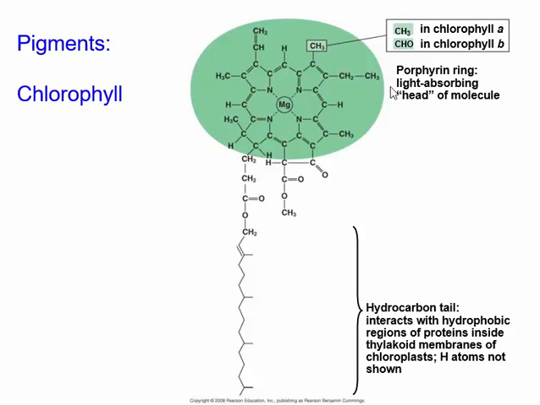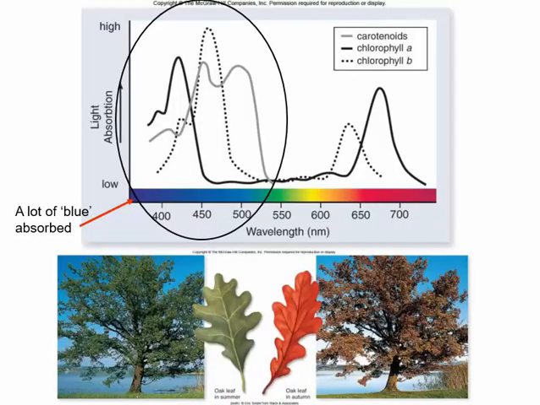And so here's the difference between chlorophyll A and B, a methyl group in chlorophyll A and a carbonyl group in chlorophyll B. But what really matters is how these things work. And so you could look at the absorption spectra of these different pigments. So here we have carotenoids, chlorophyll A and B, different lines here, dotted gray or black, and you can see where they absorb.